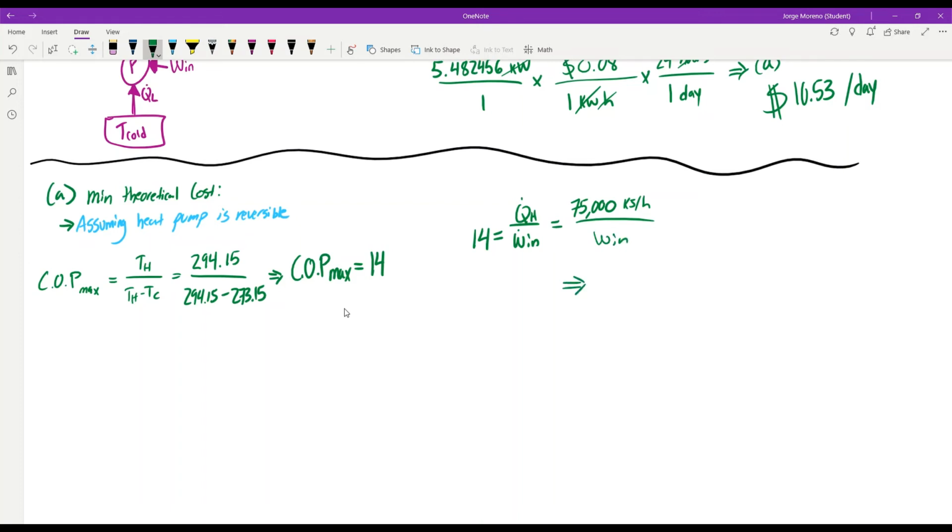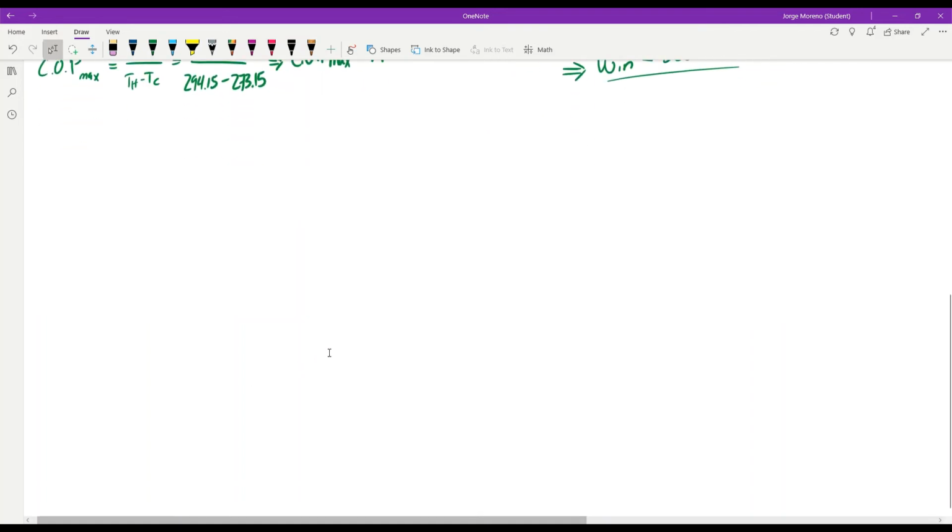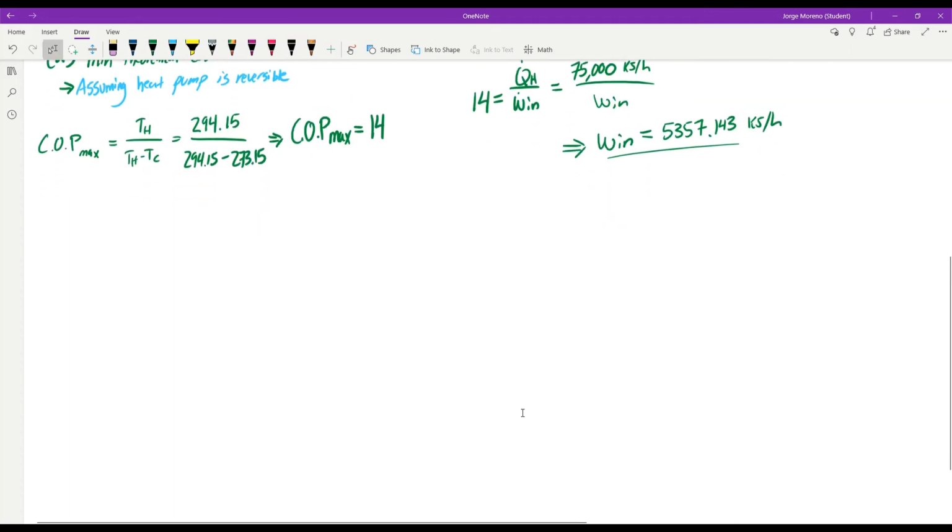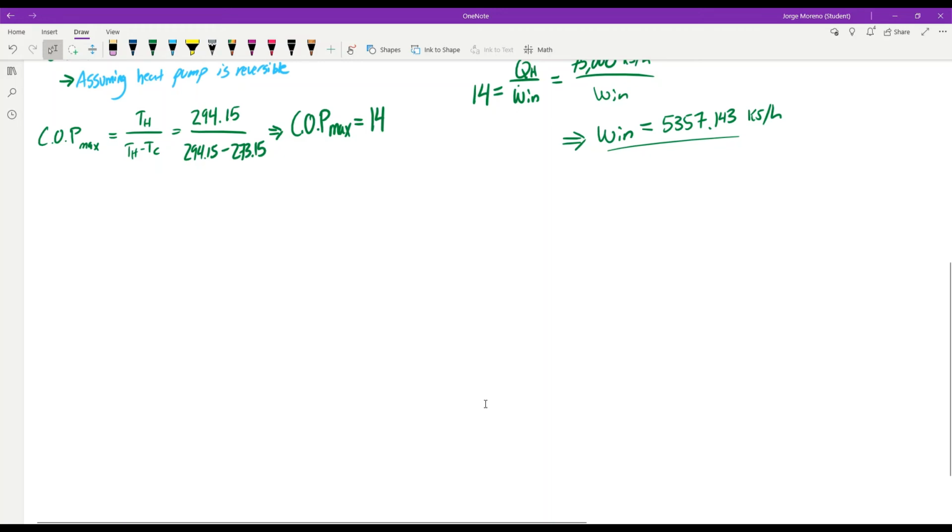If we solve for the work input for that case, we get 5357.143 kilojoules per hour. The dimensional analysis is the same as what we did in the last step.